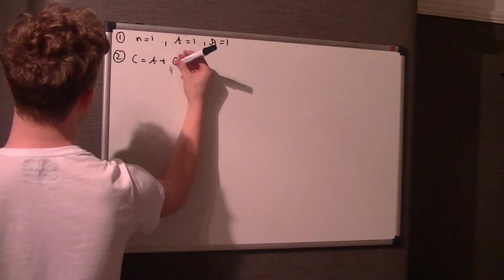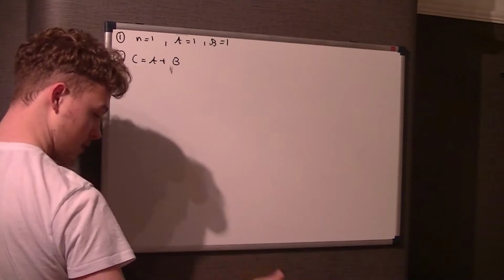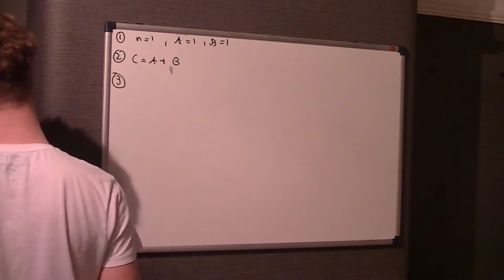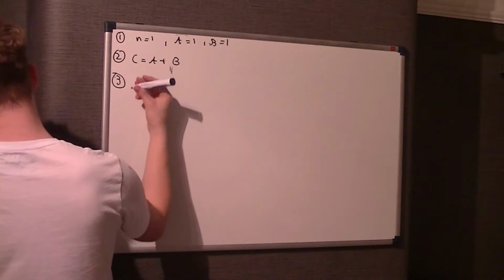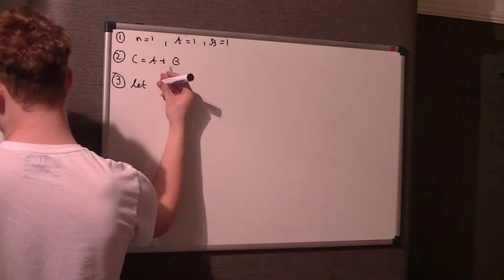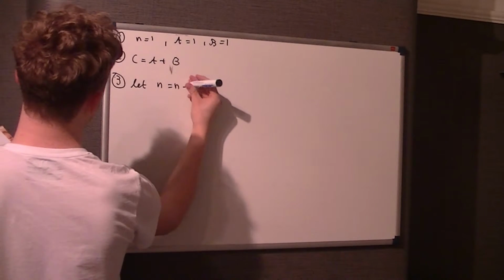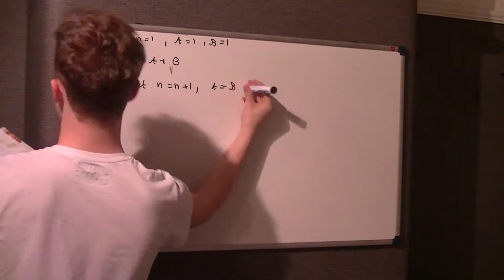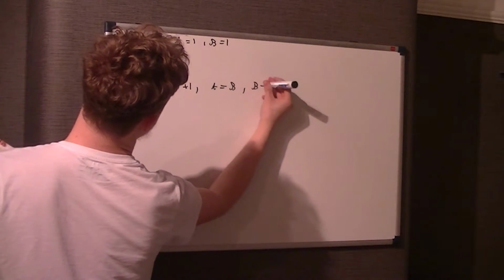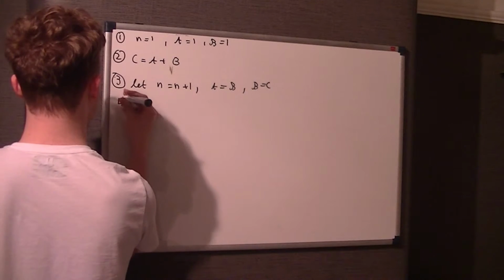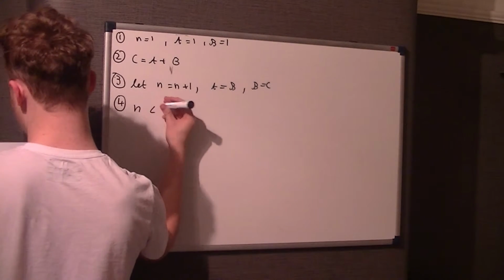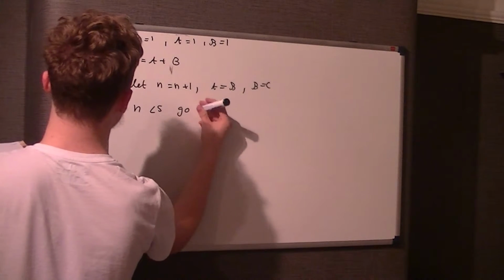Line 3 might say: let n equal n plus 1, a equal b, b equal c. Line 4: if n is greater than 5, go to line 3.